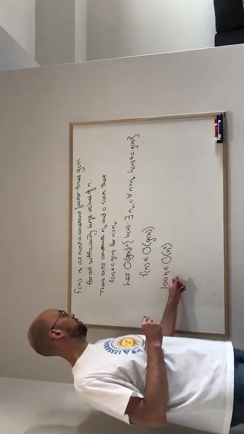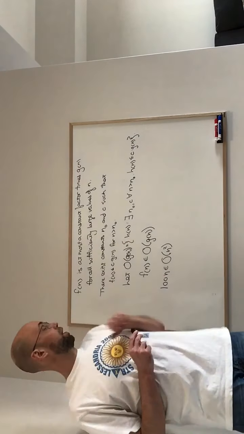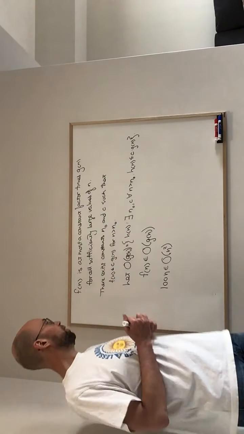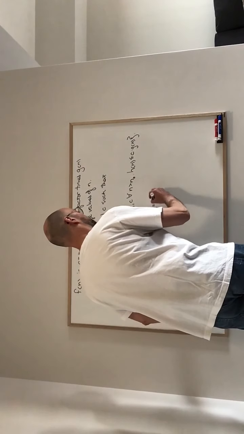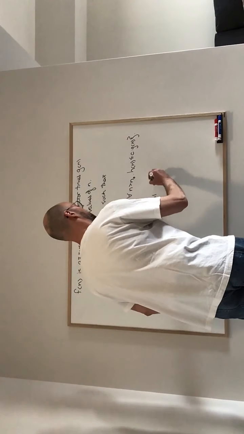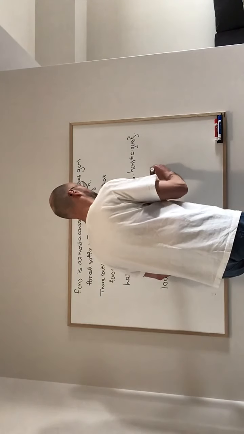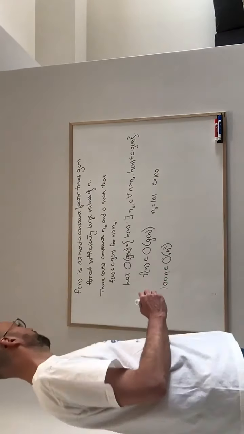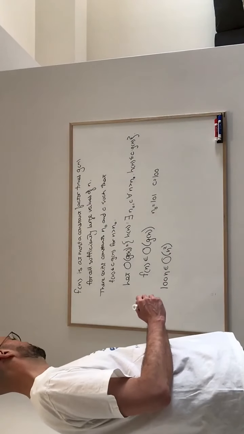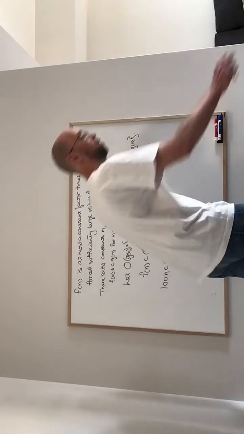So is this an element in there? Yes. Why? Well, for example, I can choose n0 equals 101 and c equals 100. And then, actually, I can even choose c equals 1 in this case.